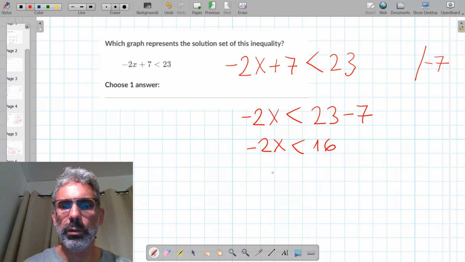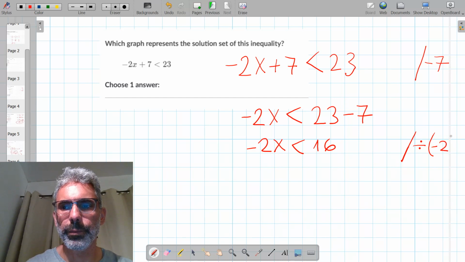And now to isolate the x, we need to divide both sides of the inequality by minus 2. And since we are dividing by a negative number, we have to flip the inequality sign.